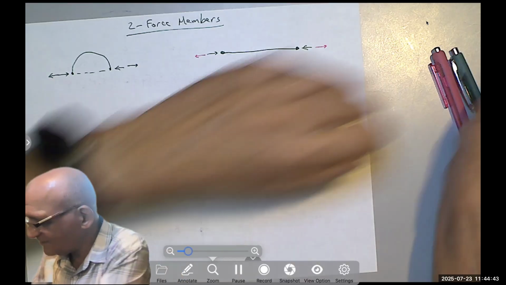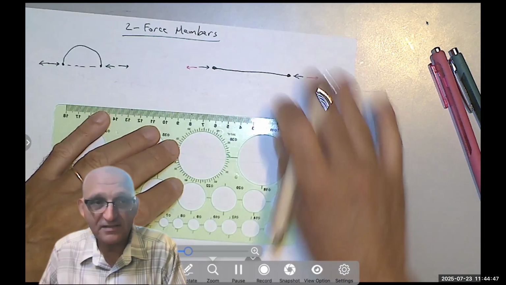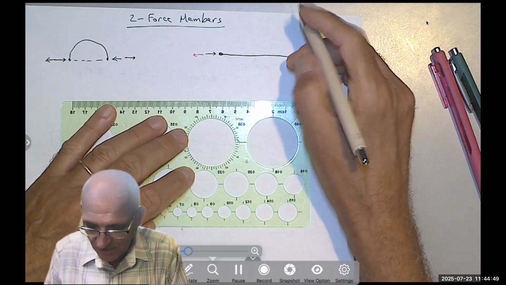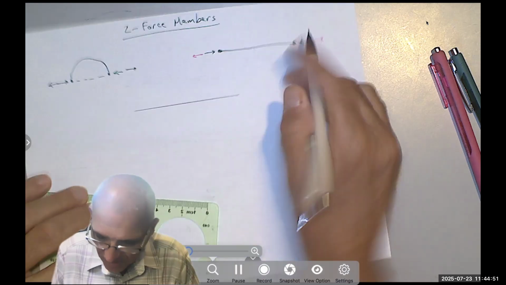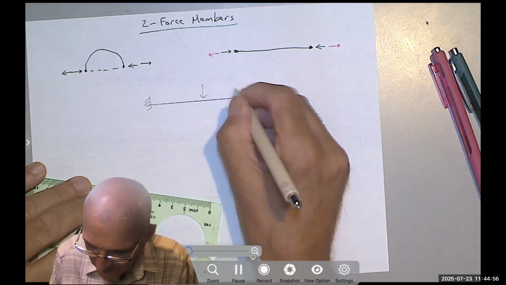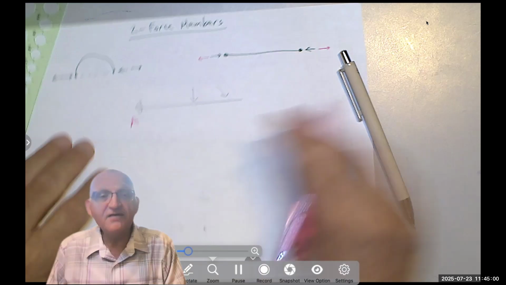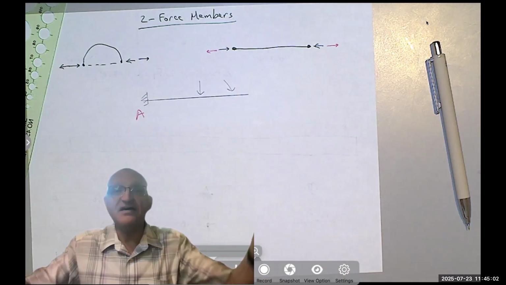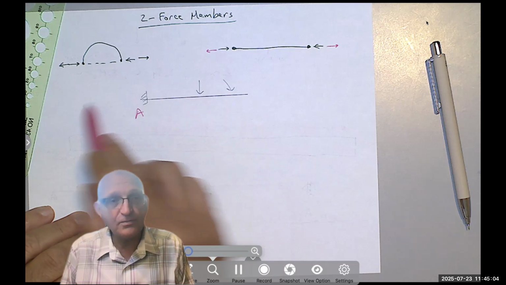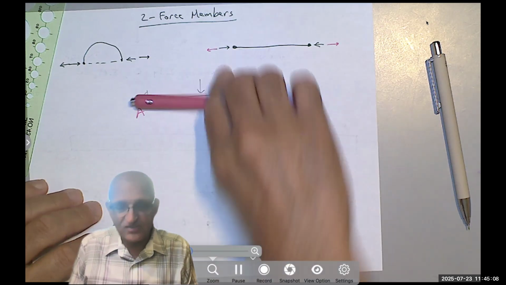One last thing, how did I forget that? Another type of support that we will encounter would be what we call a fixed support. And this point is A. A fixed support prevents everything. It prevents horizontal motion, it prevents vertical motion, and it prevents rotation.